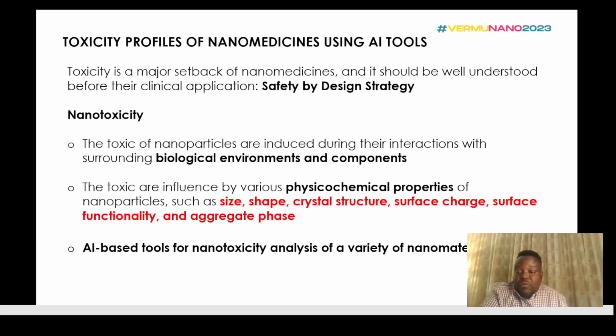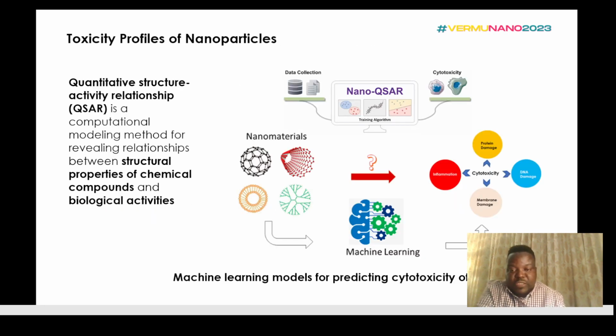The toxicity of nanomaterials is influenced by various physicochemical properties: size, shape, crystal structure, surface charge, surface functionality, and aggregation phase. AI can play a big role in predicting these things, particularly quantitative structure-activity relationships, one of the computer or AI modeling approaches for looking at the relation between the structural properties of chemical compounds and biological activities.